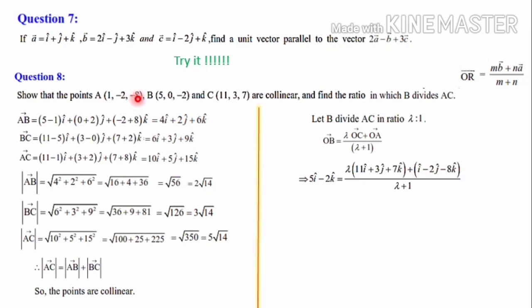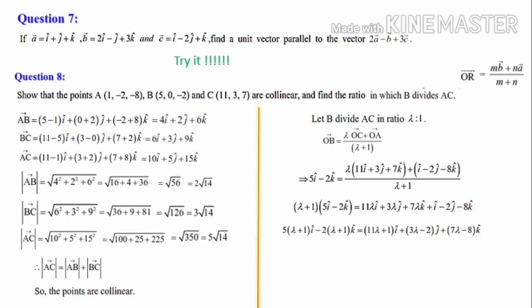Then minus 8 minus 0 is minus 8, so minus 8k cap, divided by lambda plus 1, which is the same. Then go for cross multiplication. Lambda plus 1 will come here. Lambda plus 1 into 5i minus 2k is equal to, here we can multiply lambda inside: 11 lambda i plus 3 lambda j plus 7 lambda k cap, plus this one is the same, i cap minus 2j cap minus 8k cap.